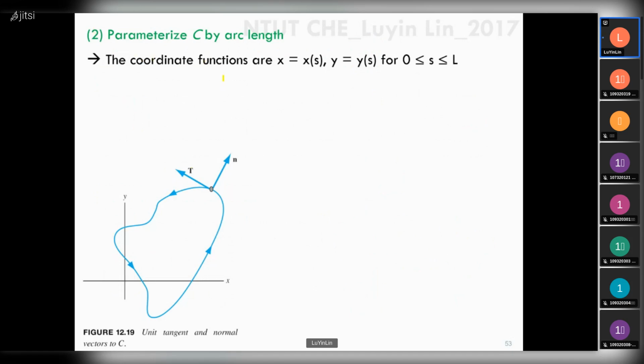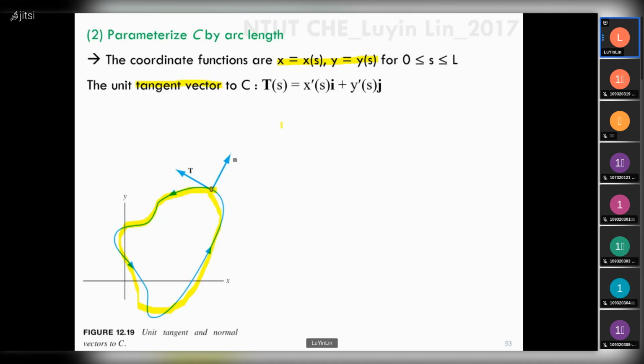Then we want to have a parametric equation for C by using the arc length. So you can see this figure, and this is the curve C. We can define C using x of s and y of s, and the range of s is 0 to L. So if this curve is C, then try to find the tangent vector.